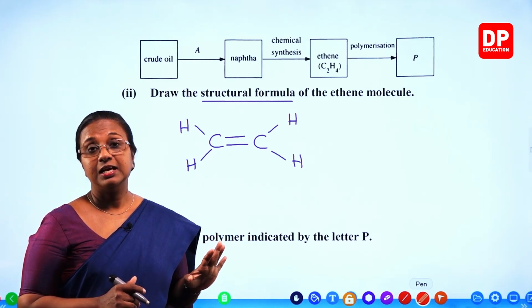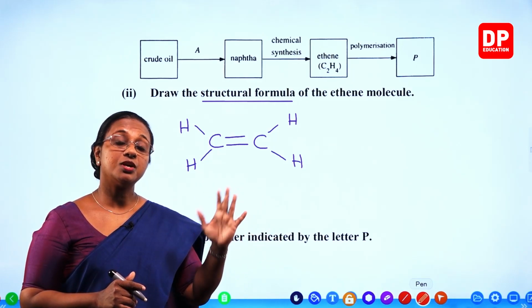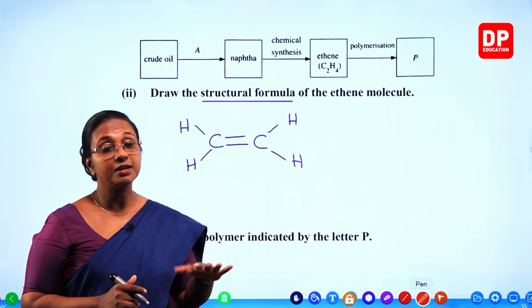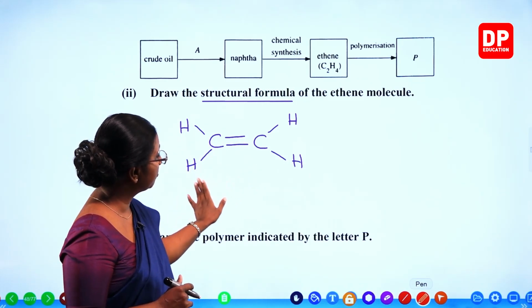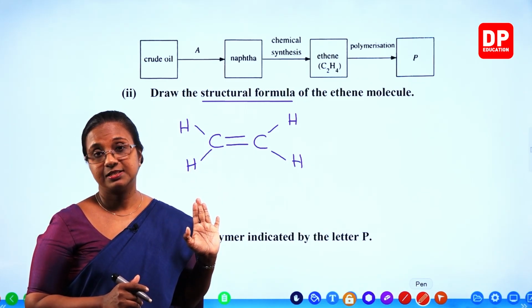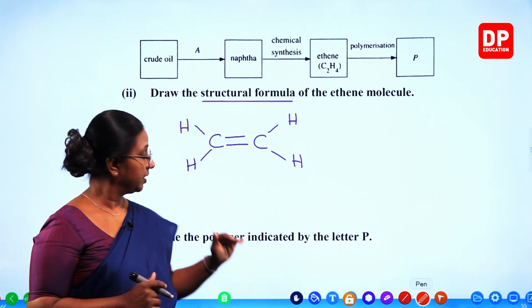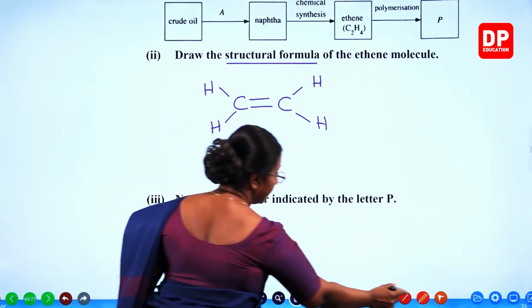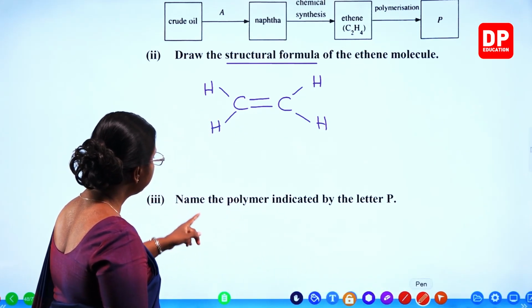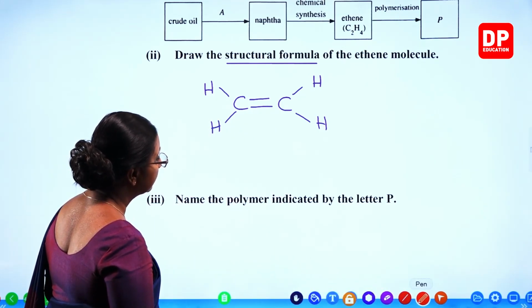Is that clear? If they ask you for dot cross, Lewis dot cross or dot diagram, that's a different thing. Here it is the structural formula. You show the bonds using lines. Is that clear?